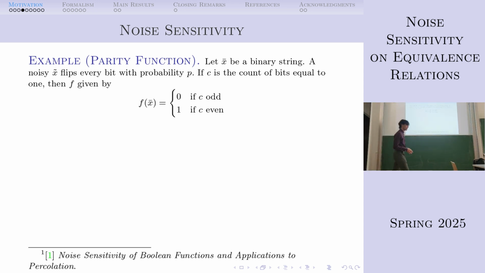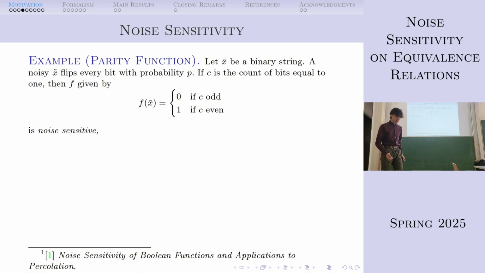So if you take a string of zeros and ones, and you have a function f that gives you 1 if the number of ones is even, and it gives you 0 if it is odd. Then, in that case, this function is noise sensitive.